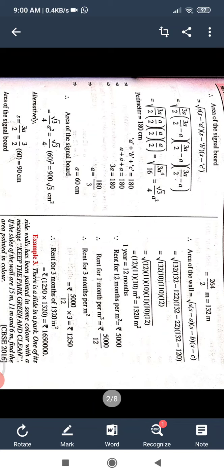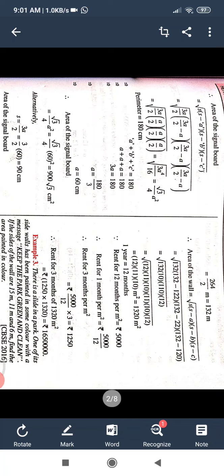So root of 3a upon 2 times (3a upon 2 minus a) times (3a upon 2 minus a) times (3a upon 2 minus a), because all the sides are equal, given as a. Now taking LCM, 2 multiplied by a is 2a over 2, so 3a minus 2a, that is a upon 2, a upon 2, a upon 2.